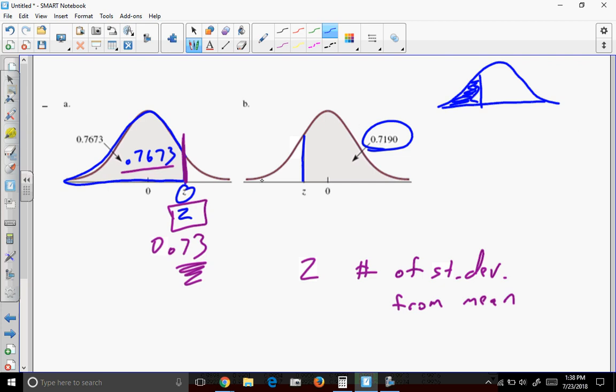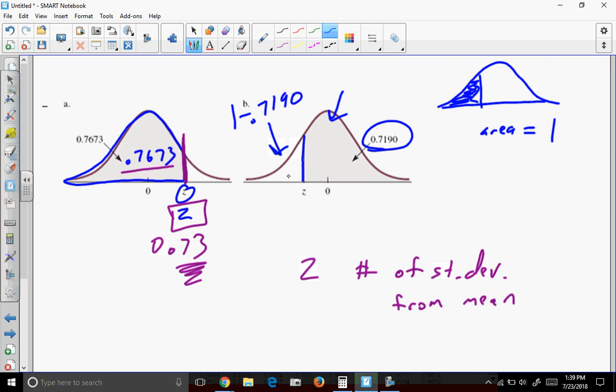But remember, underneath our bell curve, there's a total area of 1. That means 100% of our data is underneath this curve. So if we're told one side, the other side is just a complement. And remember, to get a complement, we subtract that from 1.